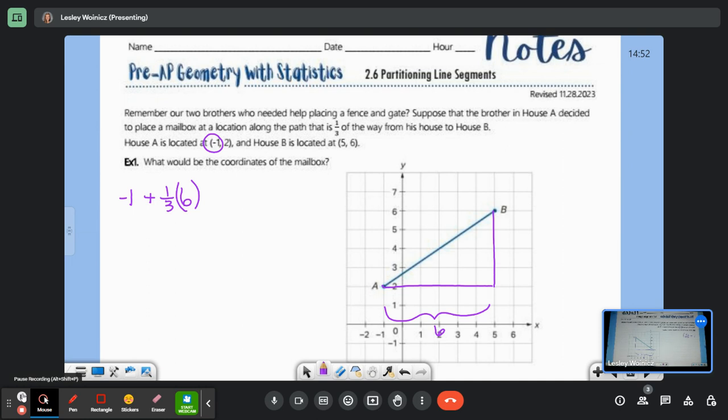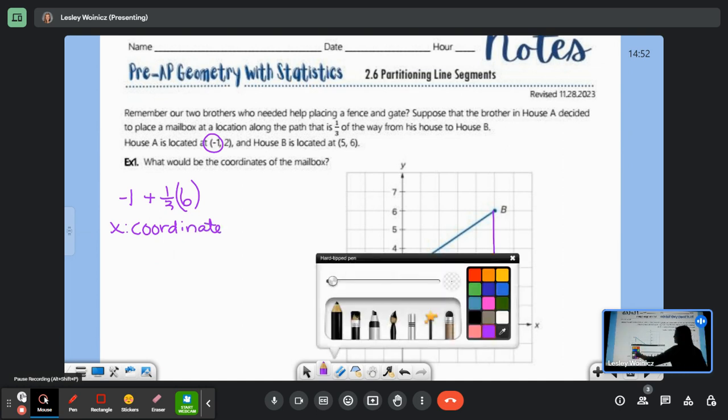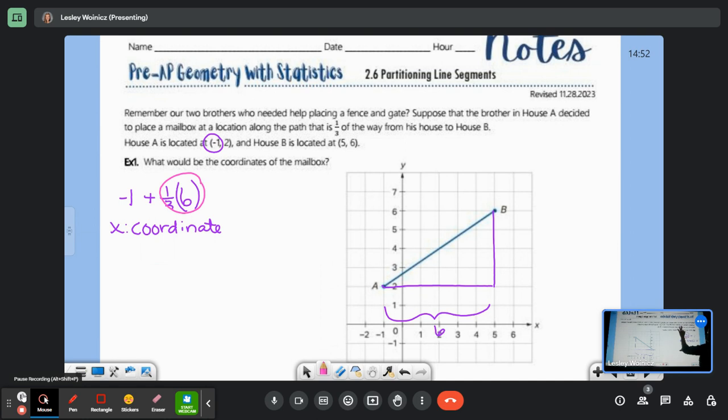Okay with everybody? Where does that take me? This is from my x coordinate. Okay, so 1/3 of 6 is 2. So this part just simplifies to 2. So -1 plus 2 is 1. Okay, that's my x coordinate.